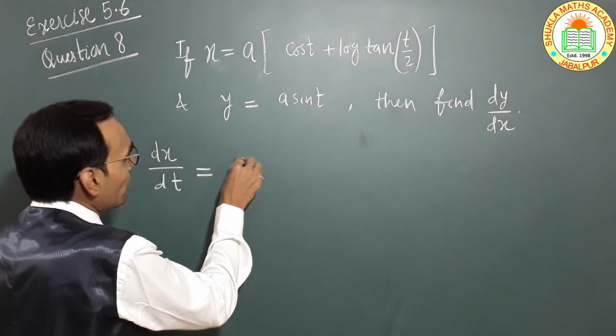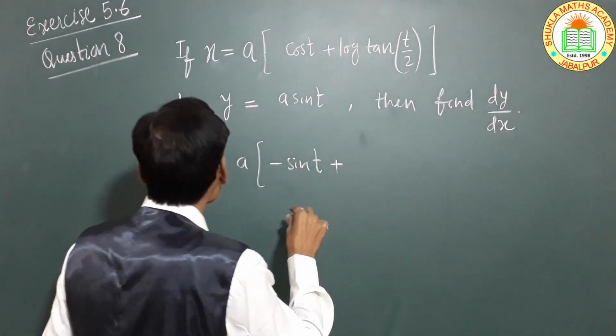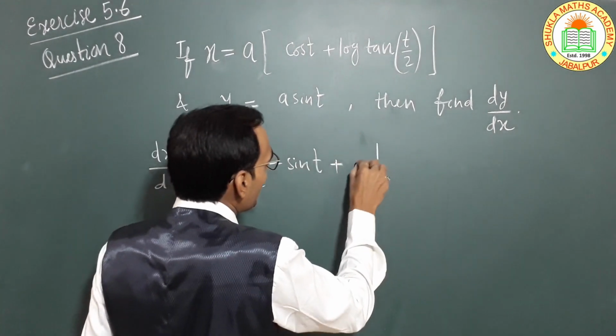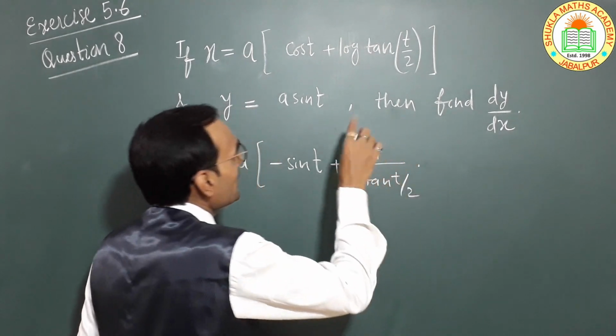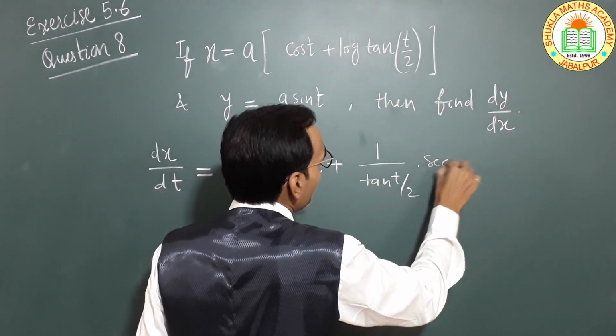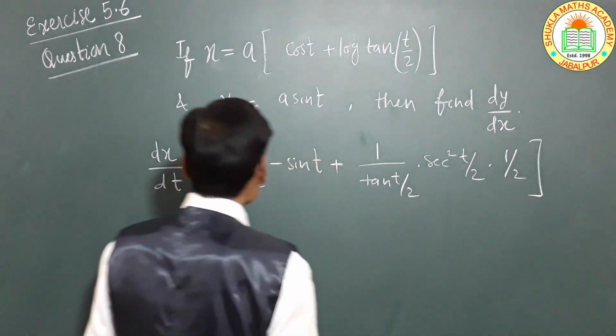It becomes a, which is constant, times the derivative of cos t, which is minus sin t, plus the derivative of log tan t by 2, which is 1 upon tan t by 2 into the derivative of tan t by 2, that is sec square t by 2 into the derivative of t by 2, which is 1 by 2.